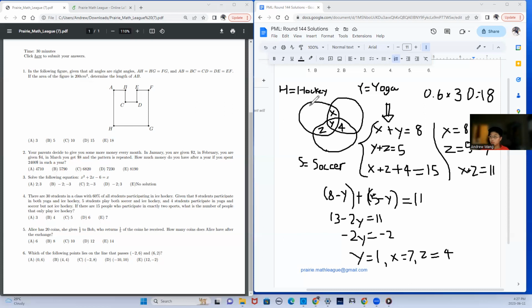So when we look at the hockey circle, we can see that it is made up of X, Y, Z, and this darkened section. And this darkened section is actually for the people who only play ice hockey.